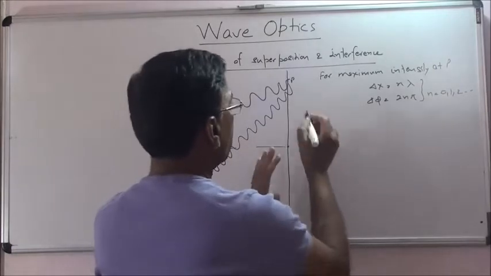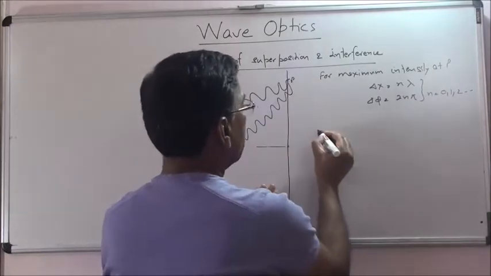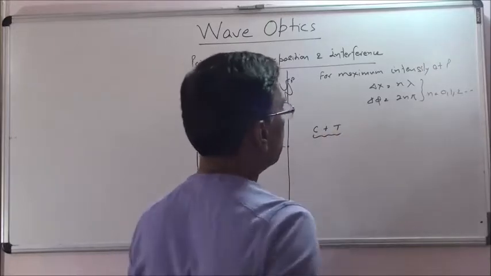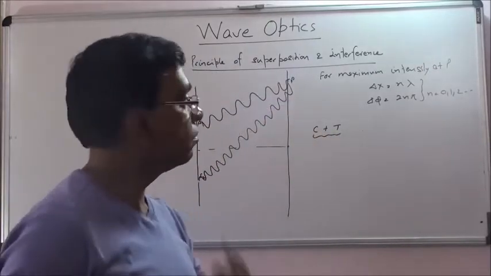Now, for the time being, let me take what happens if there is a crest and trough at this point.